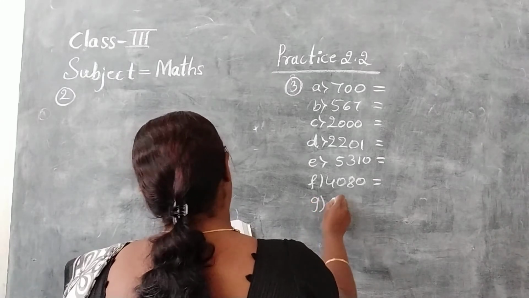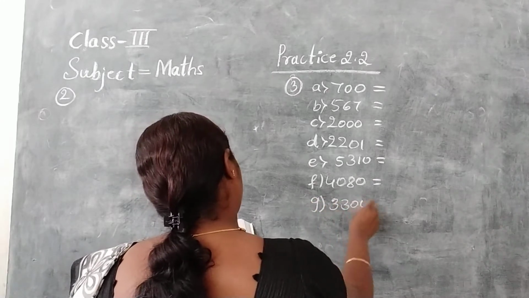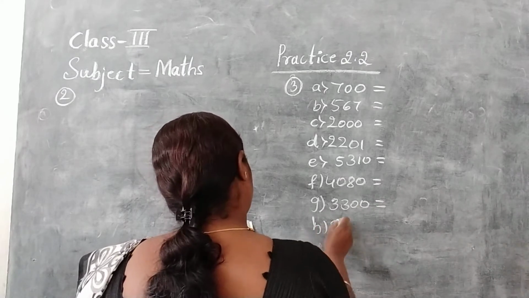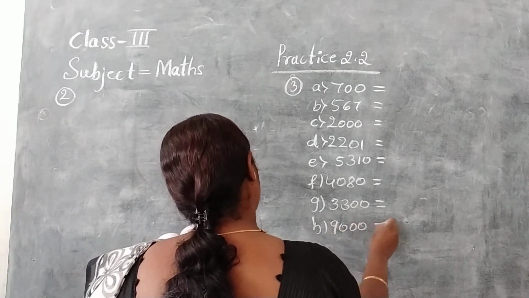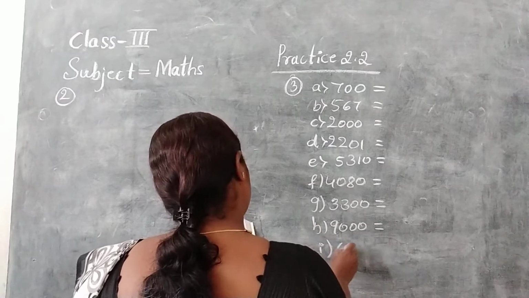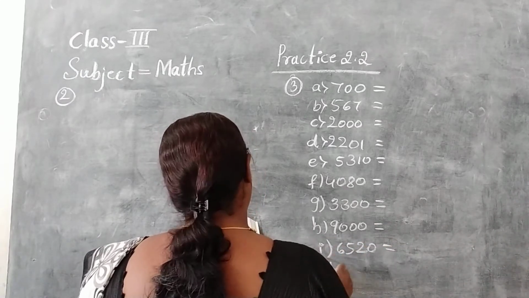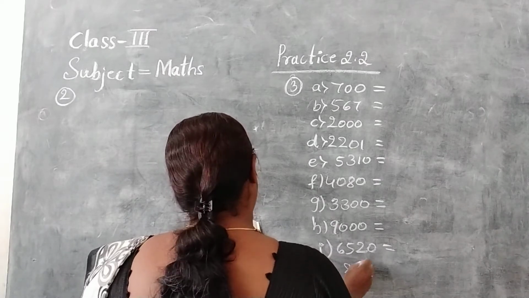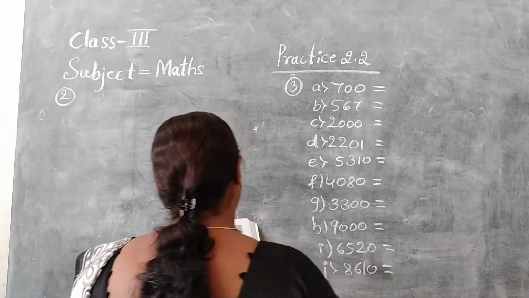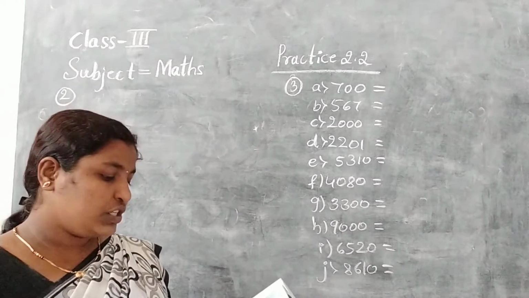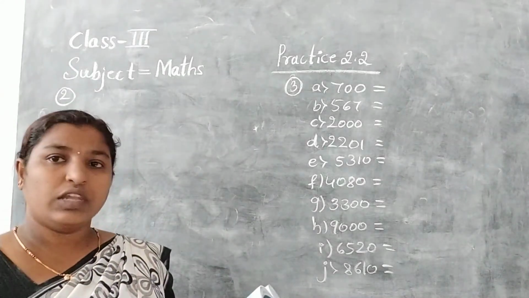G. 3,300. H. 9,000. I. 6,520. J. 8,610. So you should write the predecessor of all these numbers.